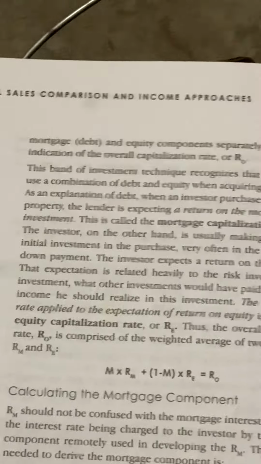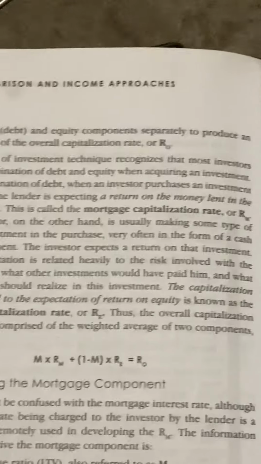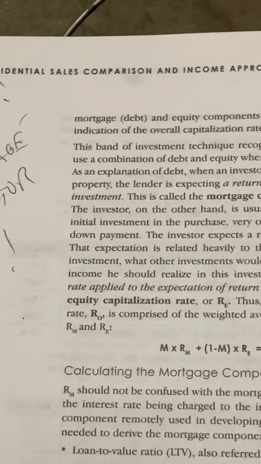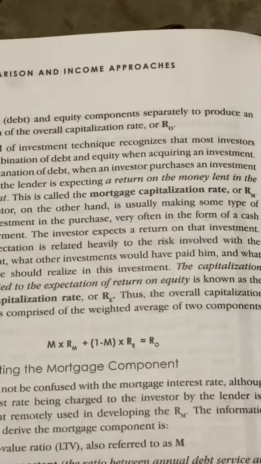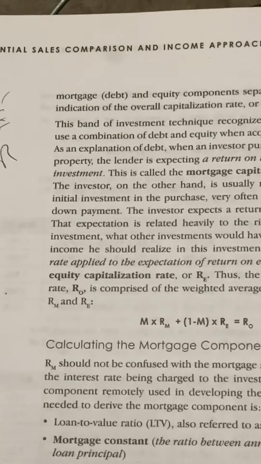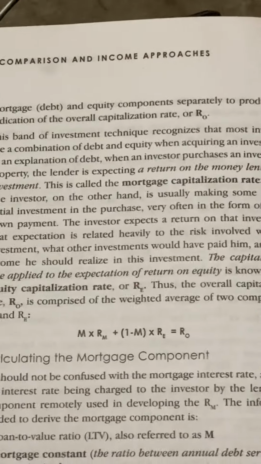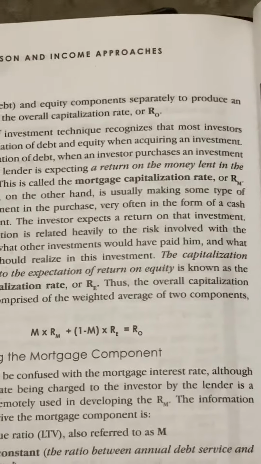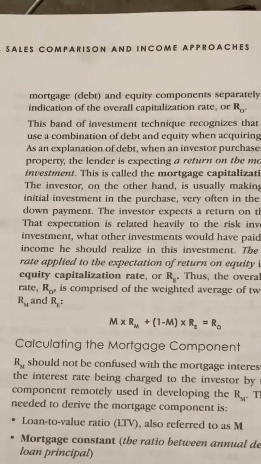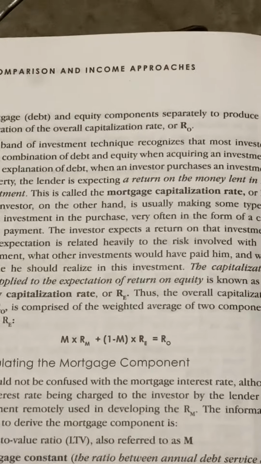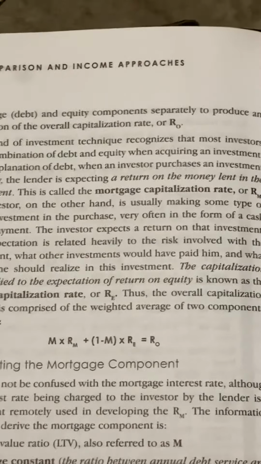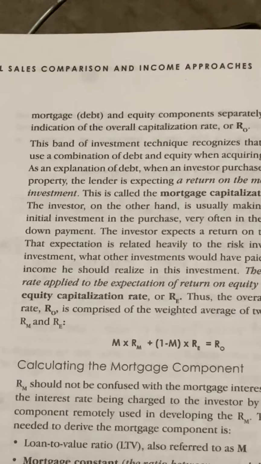This band of investment technique recognizes that most investors use a combination of debt and equity when acquiring an investment. As an explanation of debt, when an investor purchases an investment property, the lender is expecting a return on the money lent in the investment.